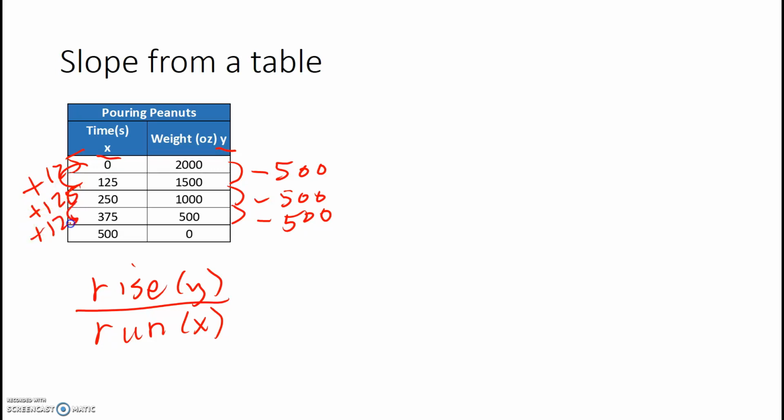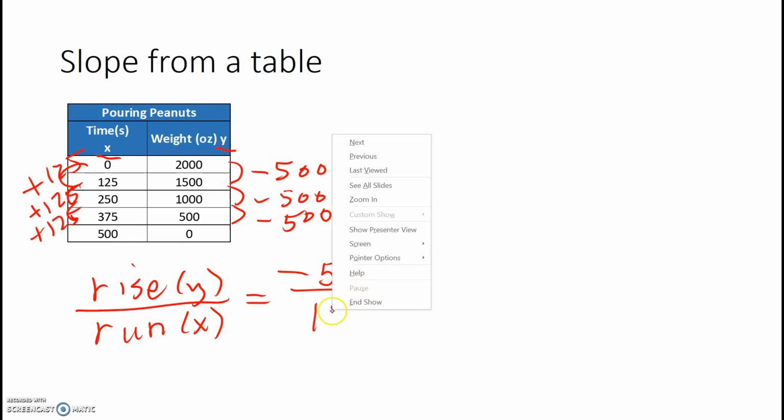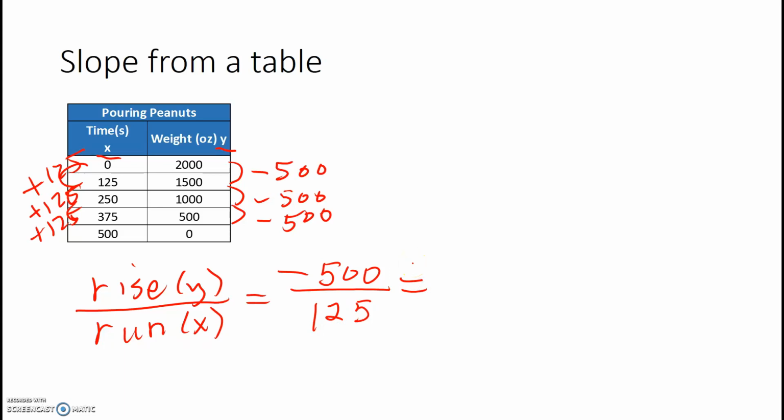Changing that positive 125. So if I fill that in, my rise is a negative 500. My run is a positive 125. We can find that value then to see that my slope is going to be a negative 4.